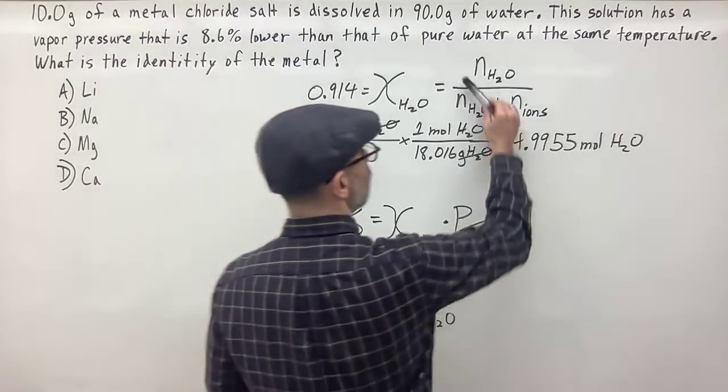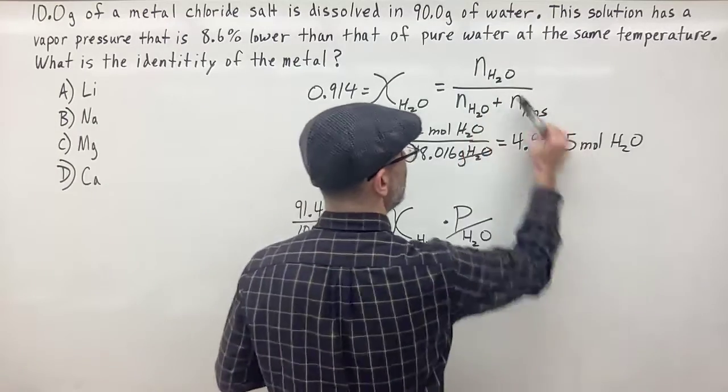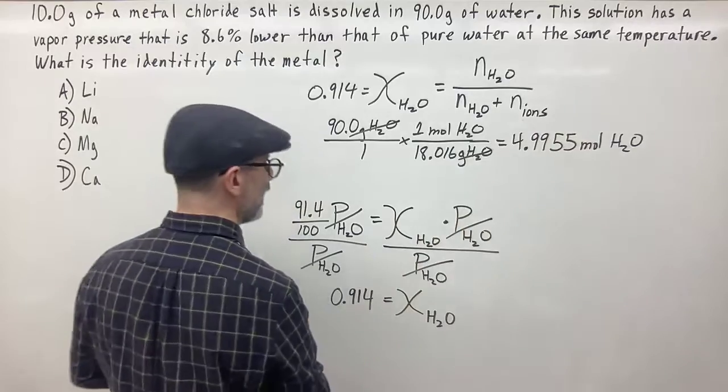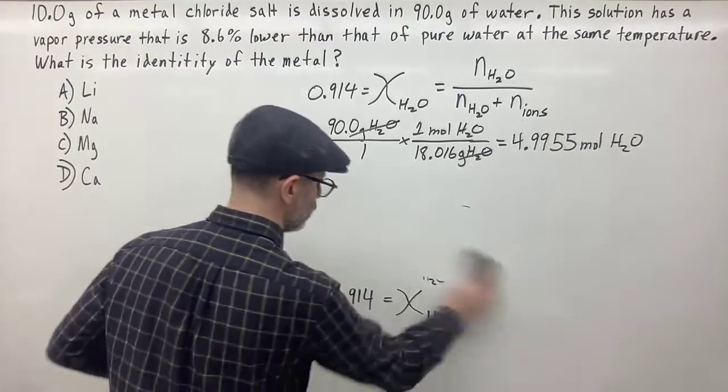So now we have moles of water here, moles of water here. We can plug that in here, and then we can solve for the moles of the ion. So let's go ahead and do that.